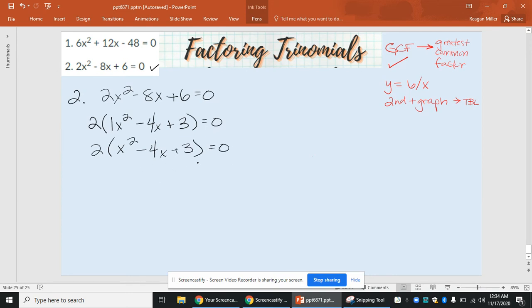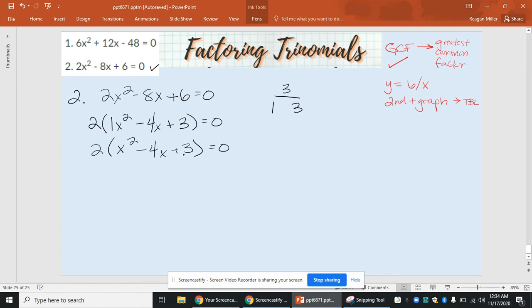And then I'm going to factor, okay? By factoring, what that means is I'm going to ask what numbers multiply to give me +3. Well, 3 is prime. That means the only numbers that multiply to give you 3 are 1 and itself. There are no other whole numbers you can multiply to give you 3. So a 1 and a 3.